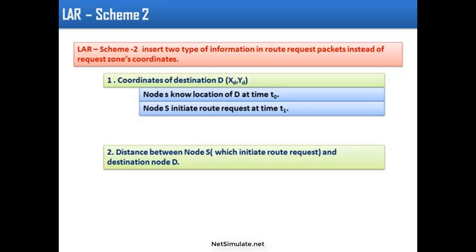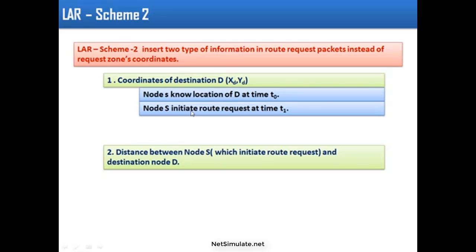Now this is scheme 2. In scheme 2, when a node sends a route request packet, that packet doesn't include the four coordinates of the rectangle or request zone. Now they include only two pieces of information. One is the coordinates of destination D. We are considering that node S has the location of D at time T0, so the coordinates of D will be included in the route request packet.